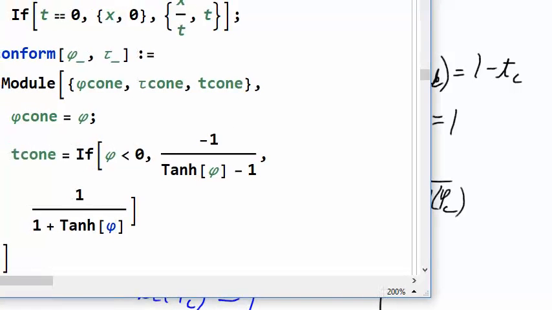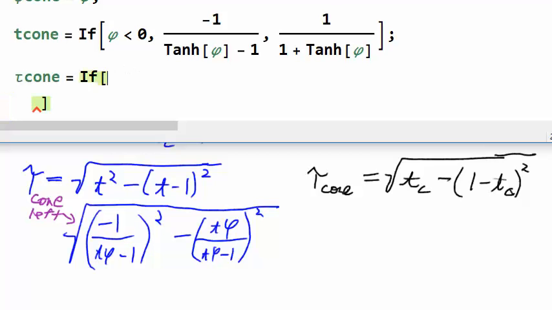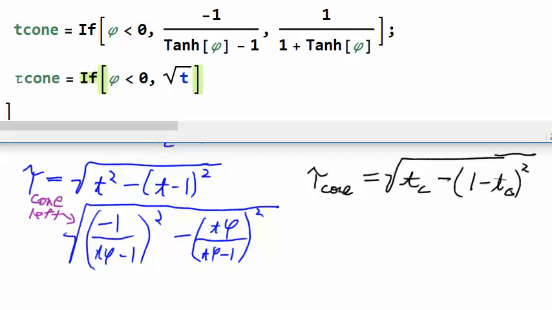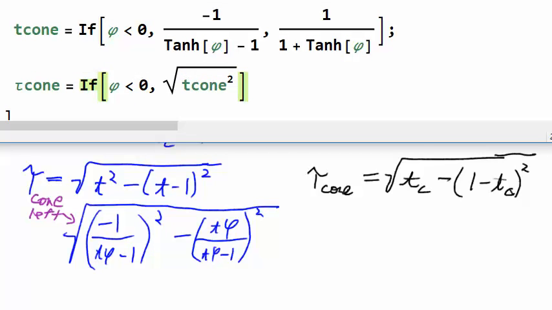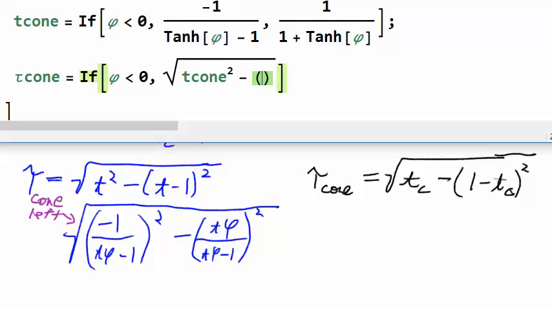Okay, and then what's next? Next is taucone, which is, if phi is less than 0, then we're going to have square root of tcone squared minus tcone minus 1 squared.